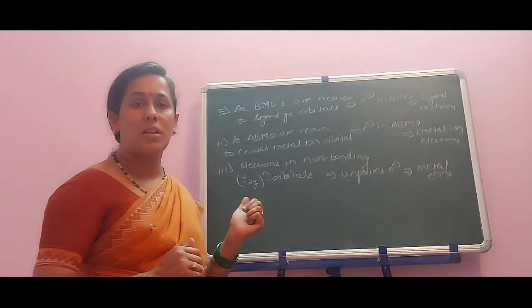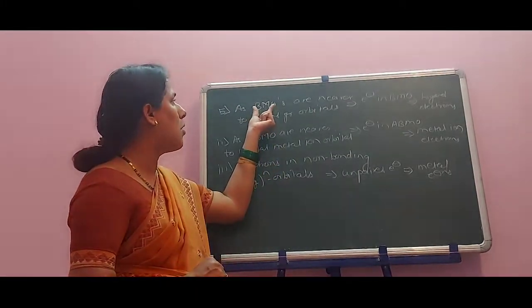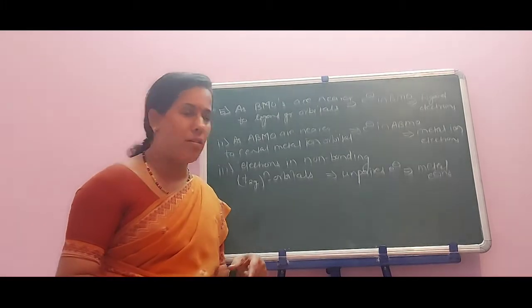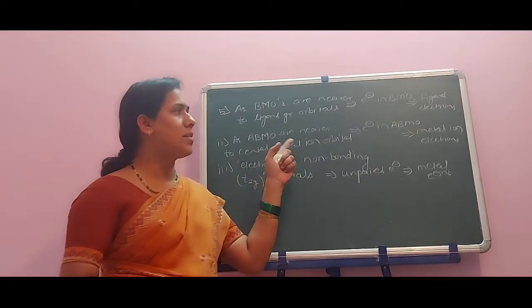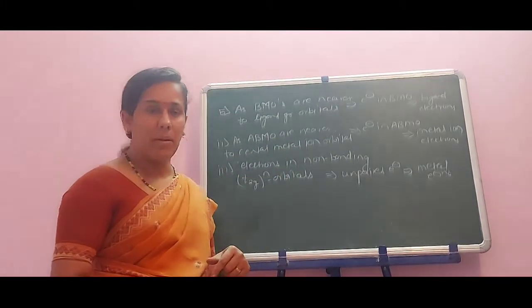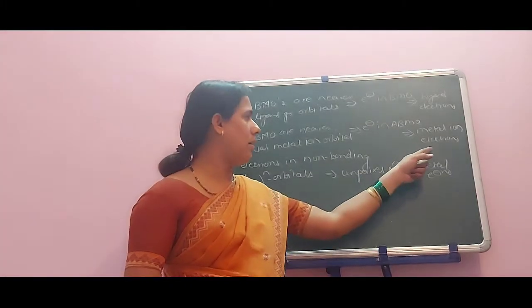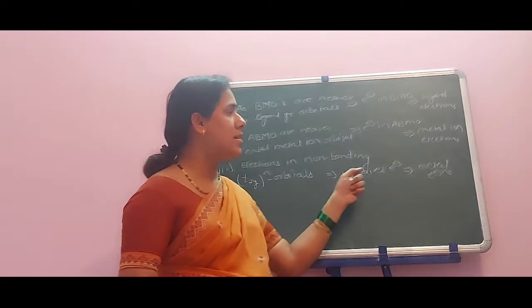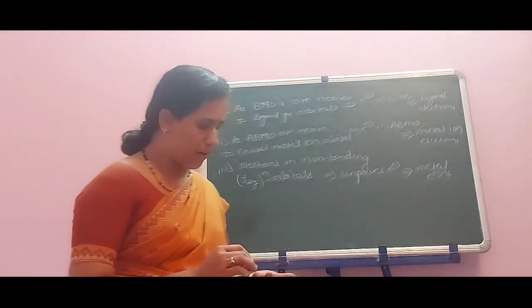What are these three types of electrons? Bonding molecular orbitals are nearer to ligands, therefore they are called ligand electrons. Antibonding molecular orbitals are nearer to the central metal ion, therefore they are called metal ion electrons, and the non-bonding electrons are called unpaired or metal electrons.